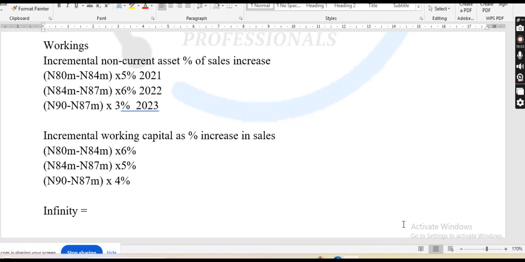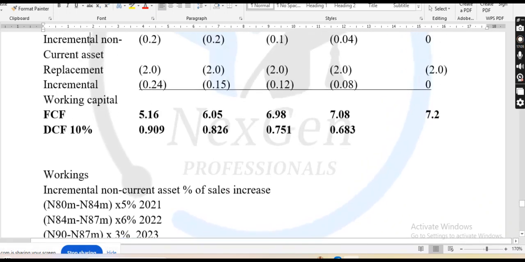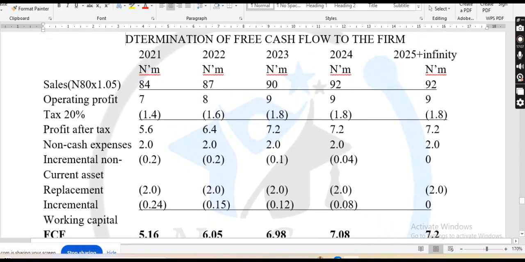Let's see. Sir, they did not say the growth, they didn't say the 15 percent beyond the years. It is infinity, right? Yes, it's beyond, 2025 to infinity.